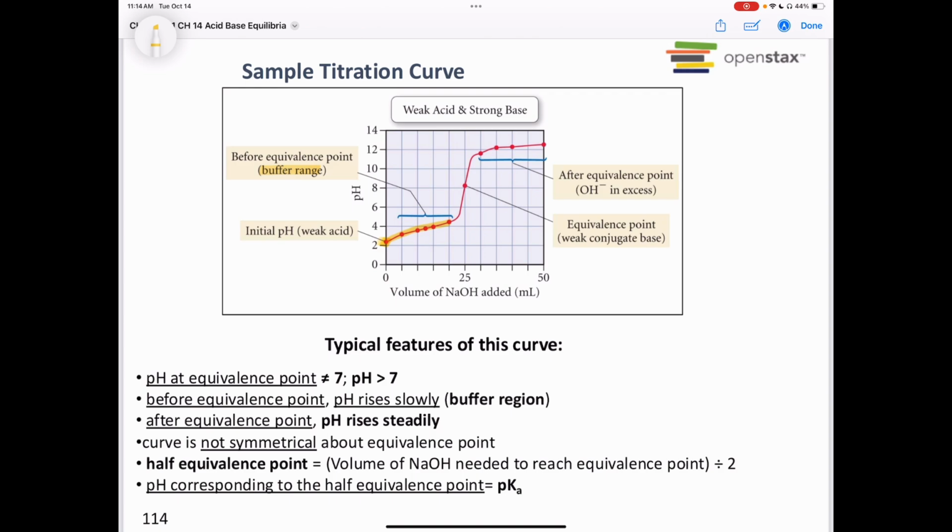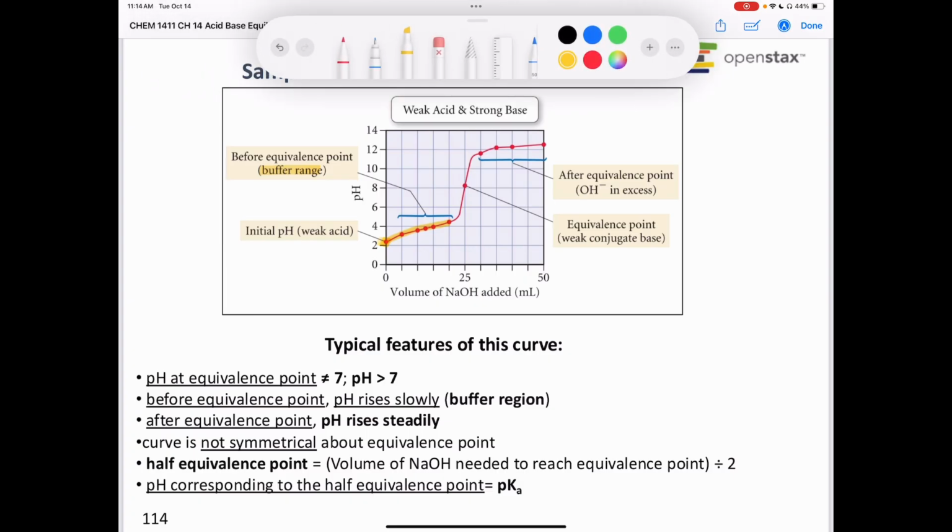And since we're titrating with a strong base, once all of the acid has been neutralized, then we're going to be left over with our weak base. And so you can see that our equivalence point is going to be greater than a pH of 7. And then after the equivalence point, well, then the pH is going to be super high.